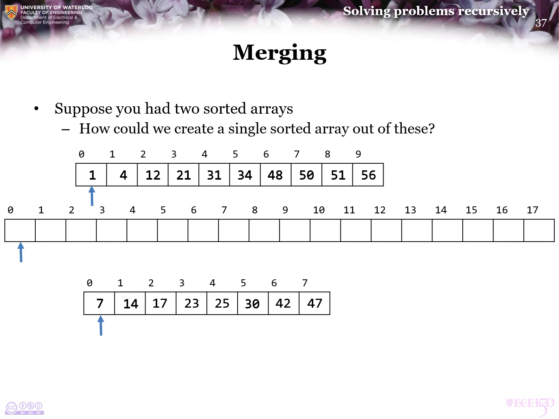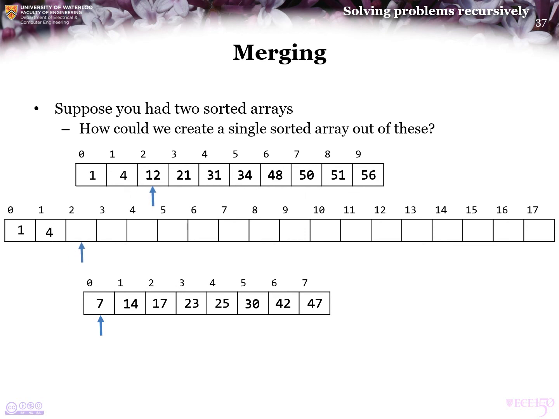In the case of the 2 arrays, the index points to the next entry that has not yet been copied over, and in the array in the middle, the index is that location where the next entry is to be copied to. So, looking between 1 and 7, we copy 1 down, and then we increment both that index and the other array's index. Now, comparing 4 and 7, again, we copy 4 down and increment those 2 indices.